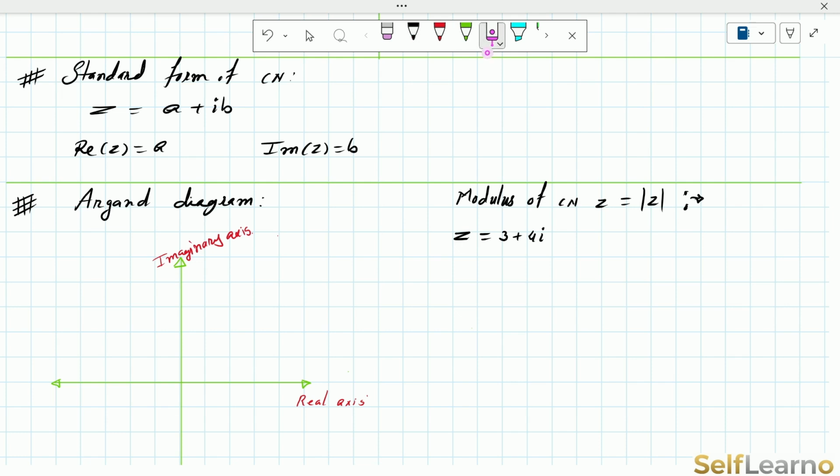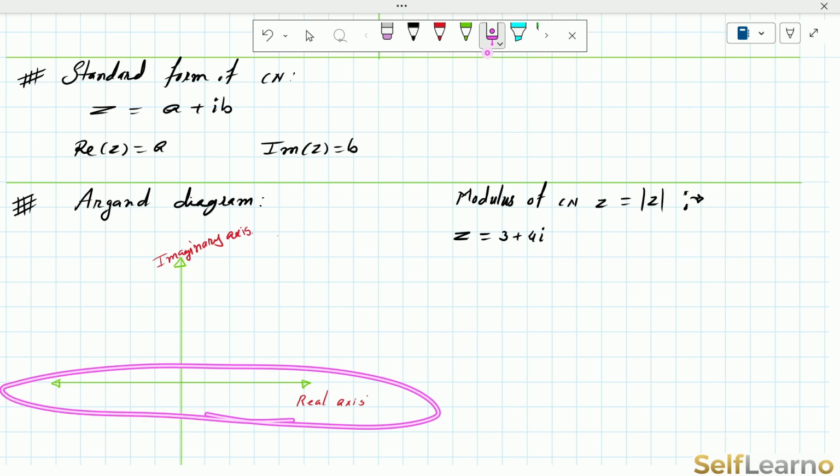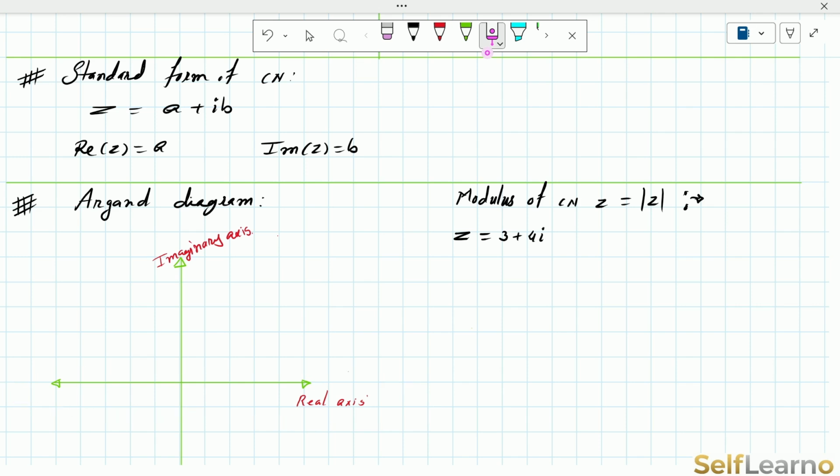See, this horizontal axis is real axis. So the real part will be mentioned over here. And this vertical axis is imaginary axis. So the imaginary part will be mentioned here on imaginary axis. The task is very easy. So the real part of z is 3.